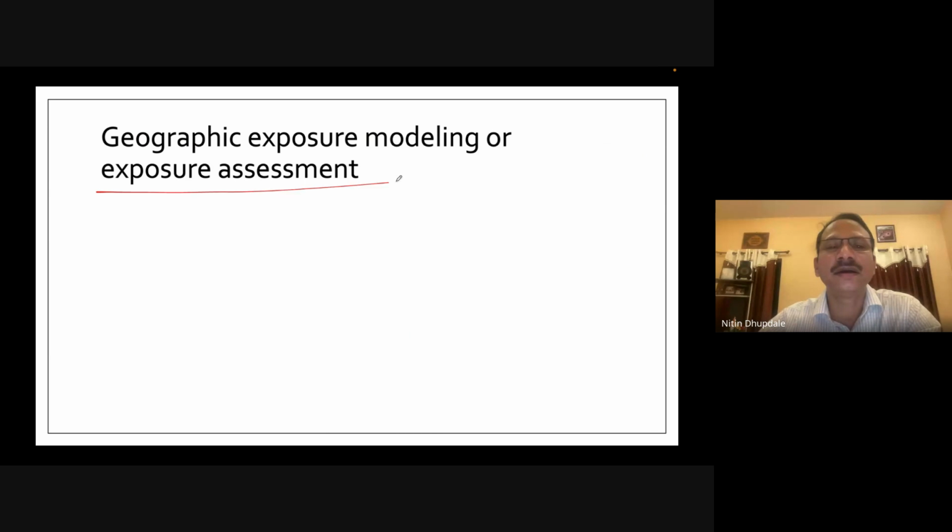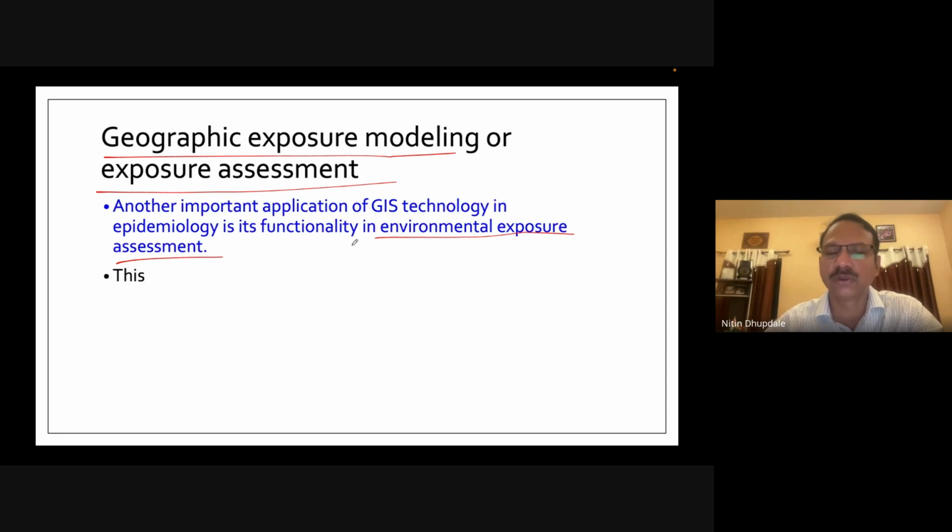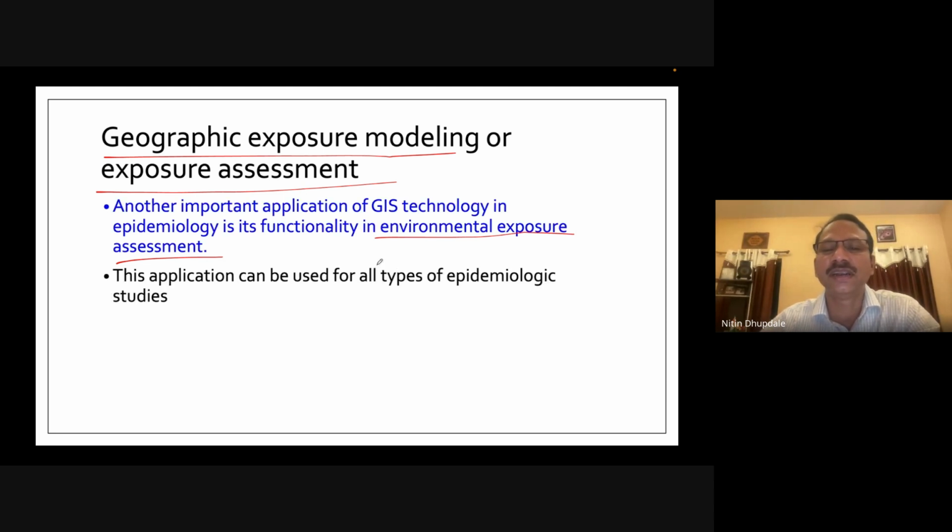Then there is something called geographic exposure modeling. This gives an idea of some exposure which is happening in the environment. We have already spoken about it. So we get more detailed information about what could be in the environment which is leading to the occurrence of a particular disease.